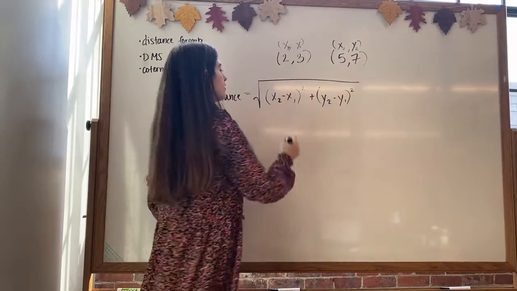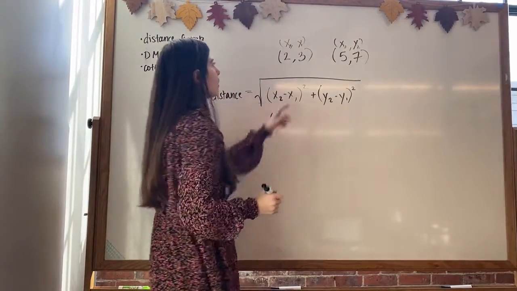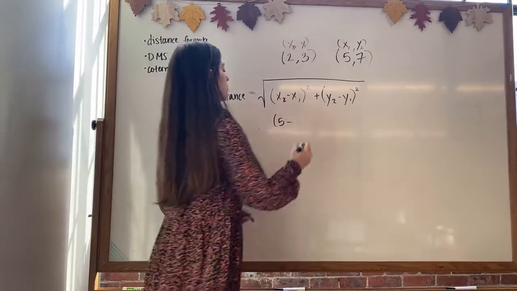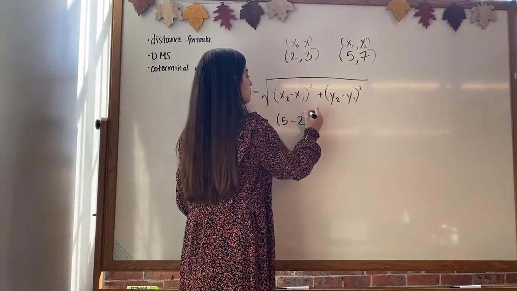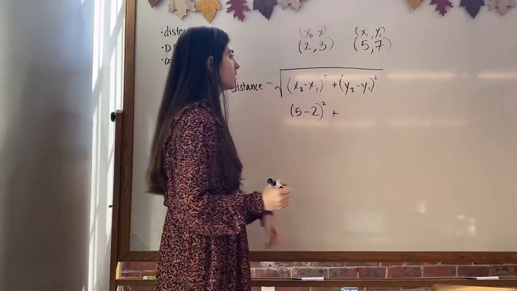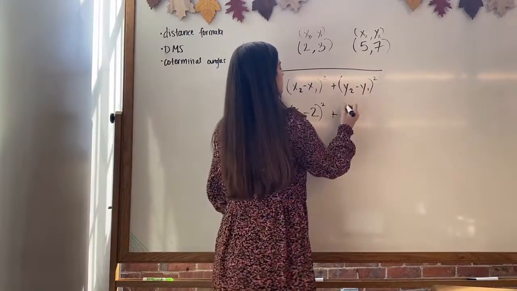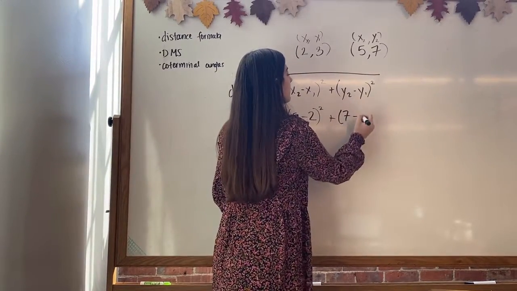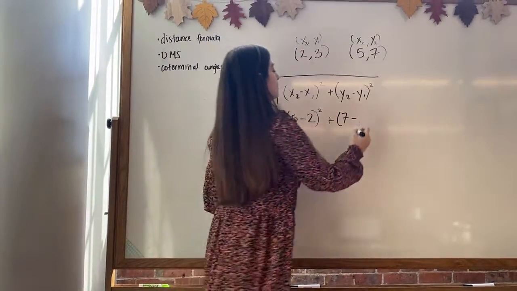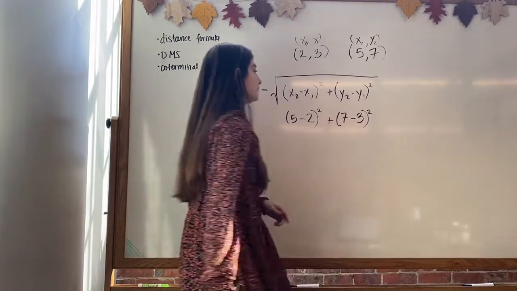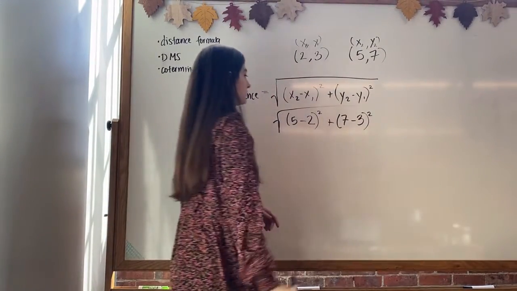x2, we know right here, that's 5. x1 is 2. So 5 minus 2 squared plus our y2, 7, minus our y1, 3 squared. And then we take the square root.